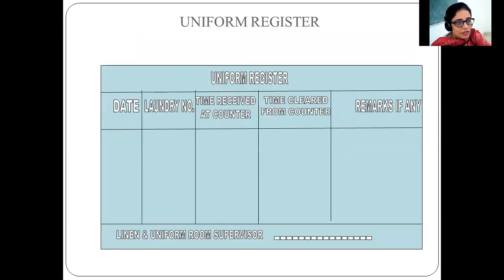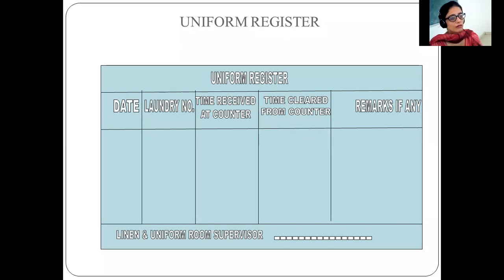Then uniform register we have to maintain. In the uniform register we mention date, laundry number, time received at counter, time cleared from counter, remarks, and linen and uniform room supervisor. So this form we have to fill as a register on a daily basis, right?